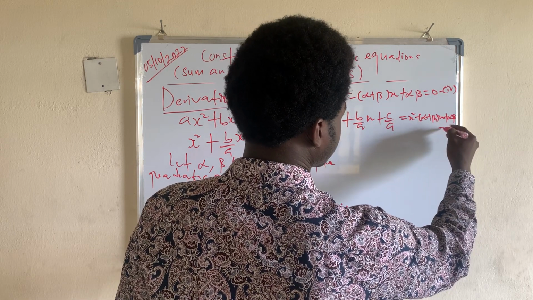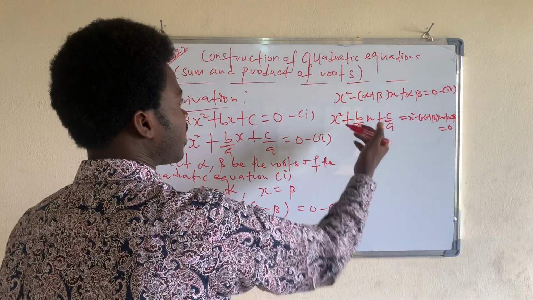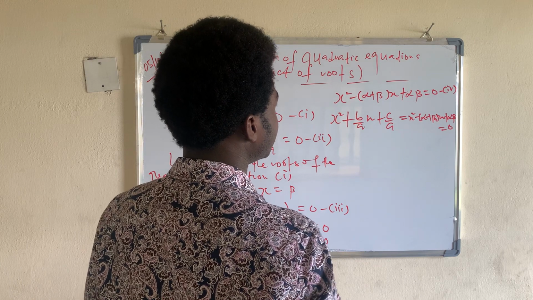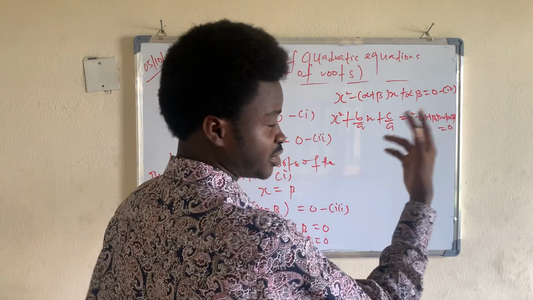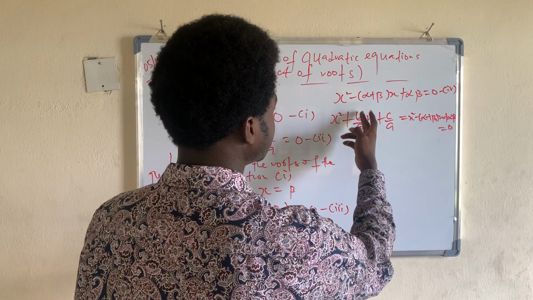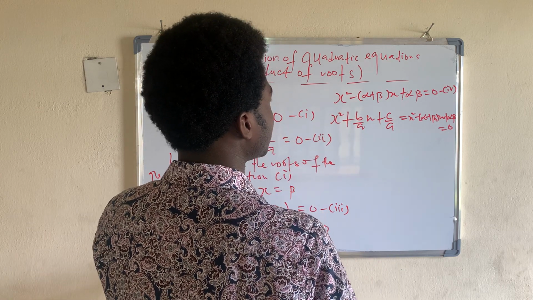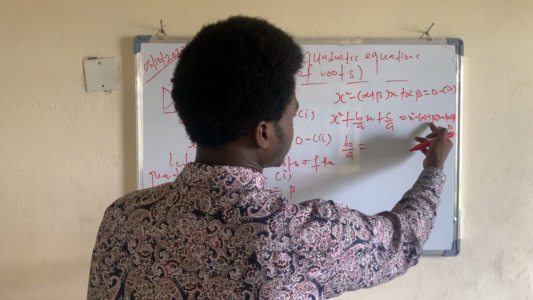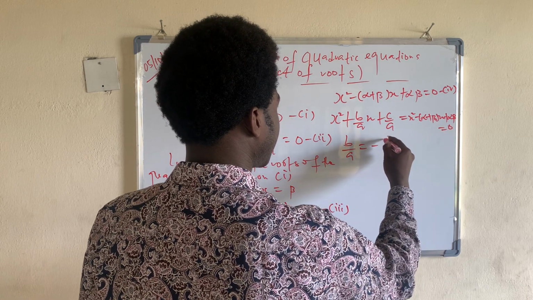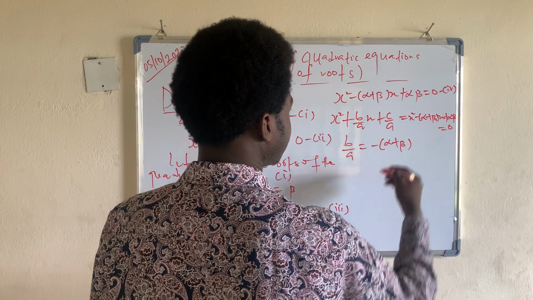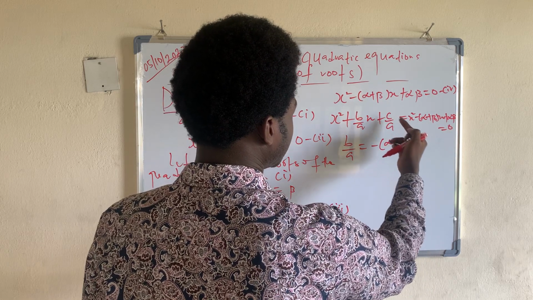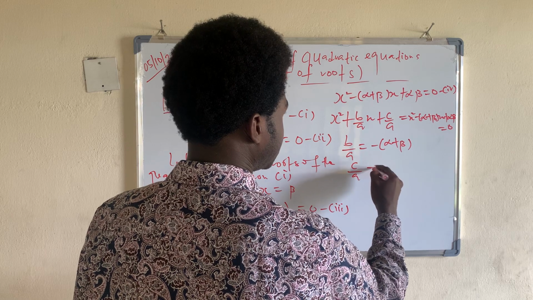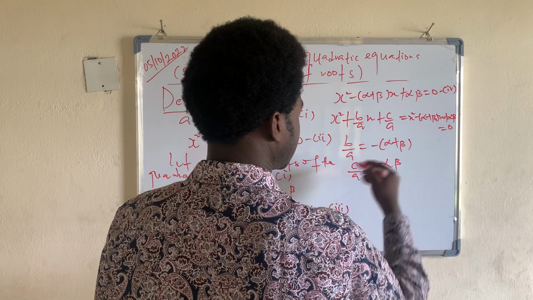By equating each of the terms, first the coefficient of x, we have that b over a is equal to minus (alpha plus beta). Likewise, if I equate the constant terms, I have that c over a is equal to alpha beta.